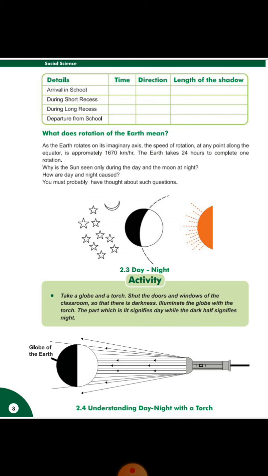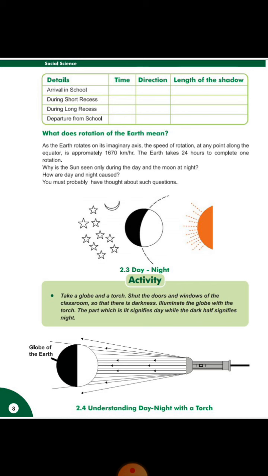The rotation speed is 1670 kilometers per hour. The earth takes 24 hours to complete one rotation, which means 1 day. So the speed of rotation is 1670 kilometers per hour, and to complete one rotation it takes 24 hours, which means 1 day.